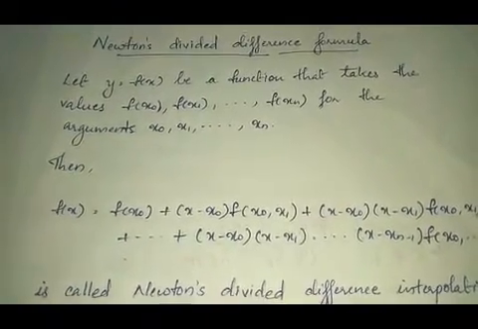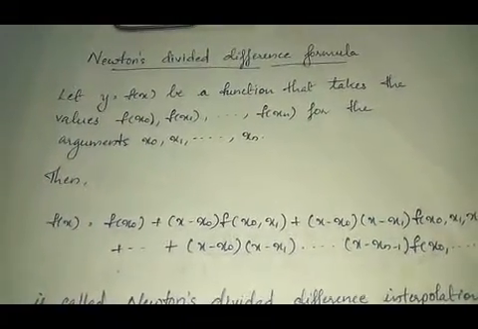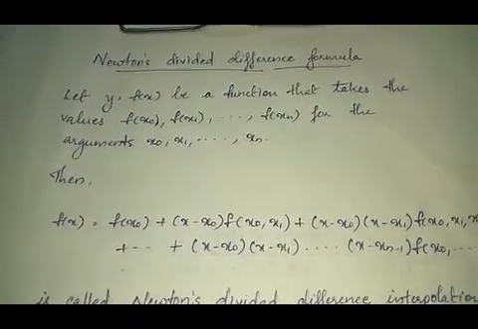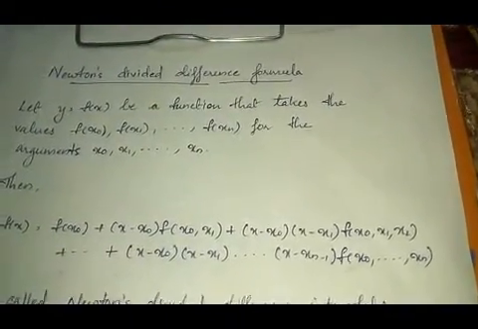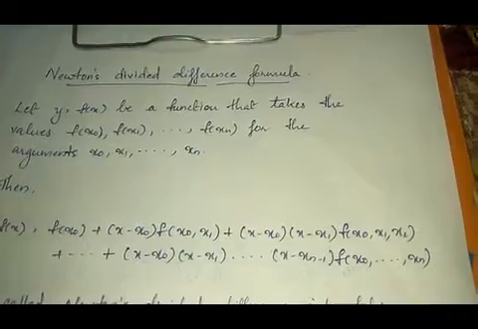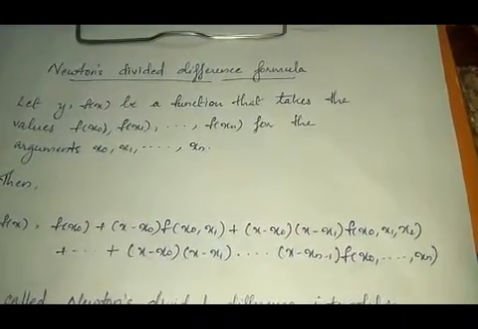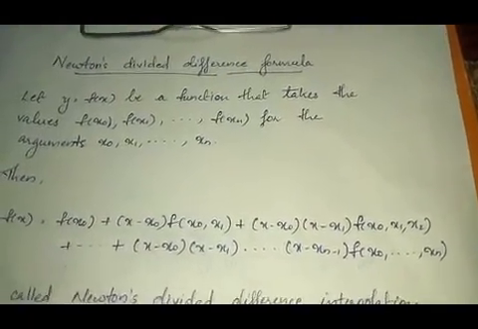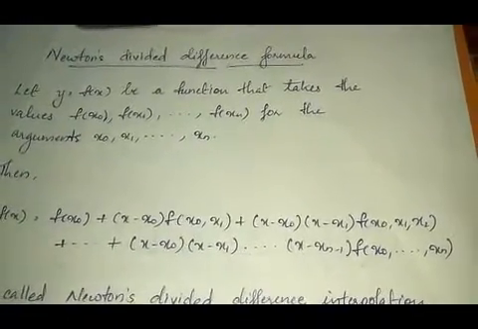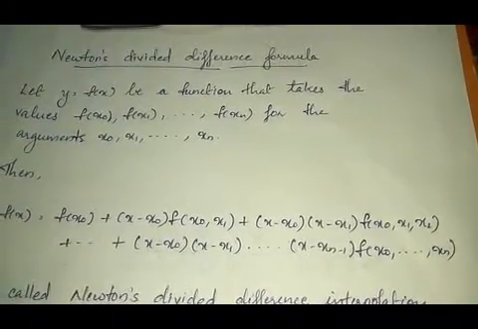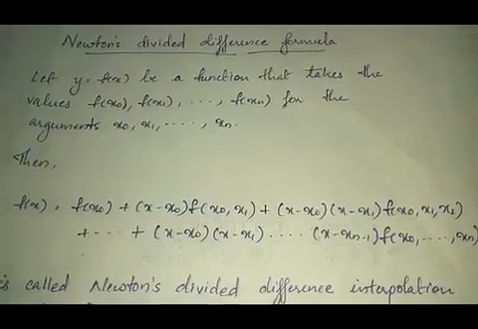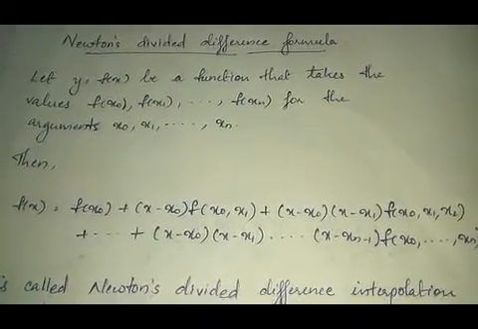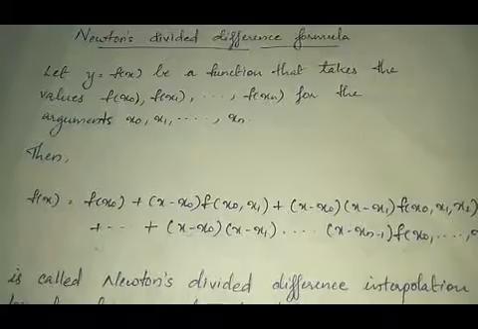Now in the next term, we have two factors x minus x0, x minus x1 into f of x0, x1, x2. What is f of x0, x1, x2? It is the second order divided difference. Like that, the last term f of x0, x1, etc. till xn is the nth order divided difference. So after constructing the table, you will get the values for the differences from the divided difference table.